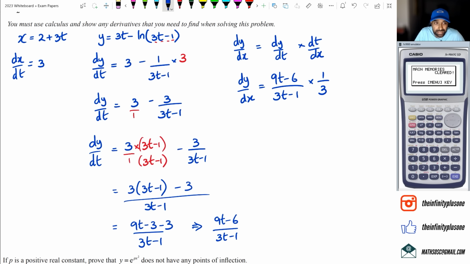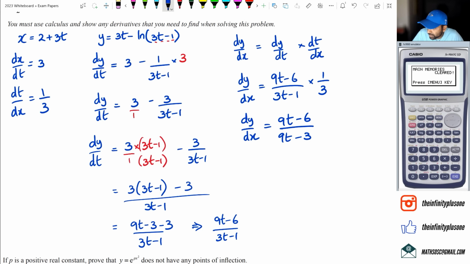Because remember, dx/dt is 3, so dt/dx can be said as 1 over 3. I'm going to get dy/dx is equal to 9t minus 6 over 9t minus 3.